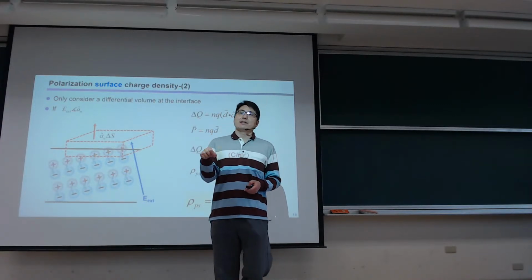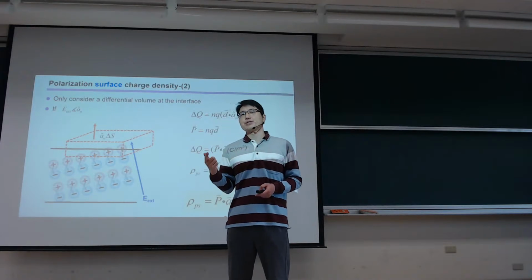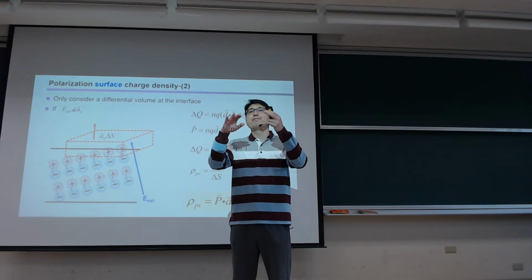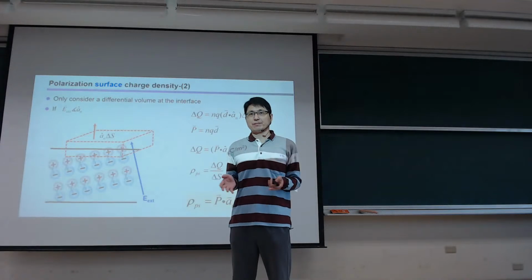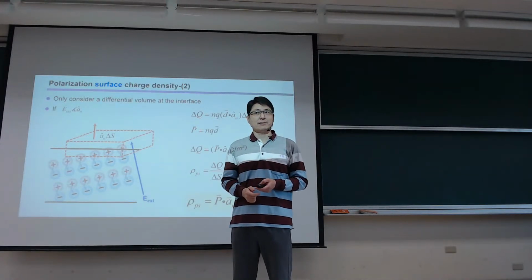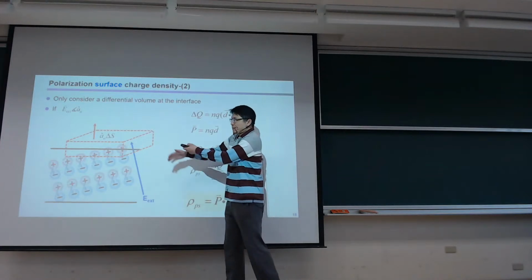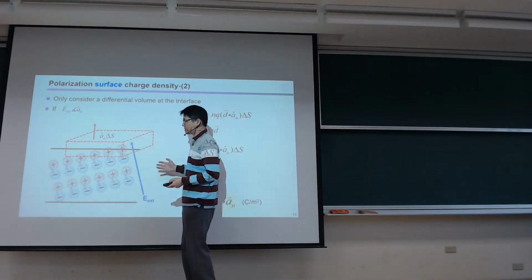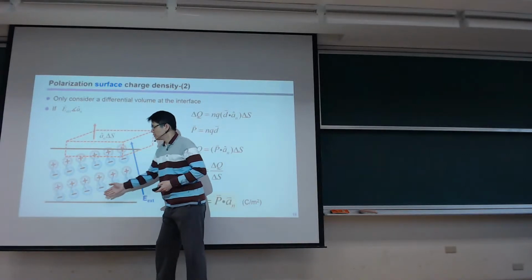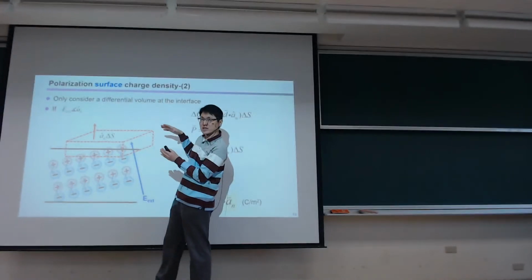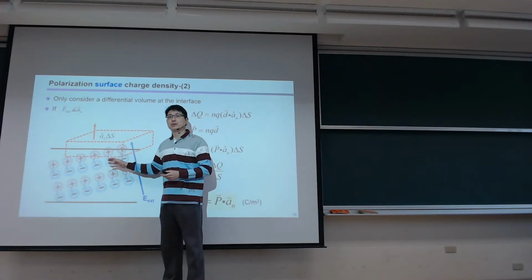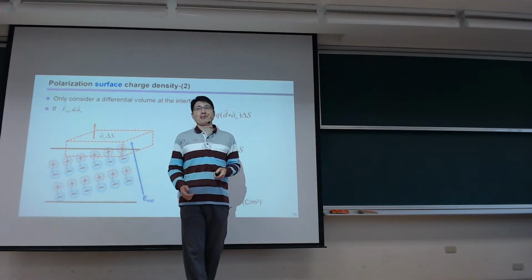So the next terminology we're going to introduce is the bulk, the volume charge density. Is it possible that just by inducing dipoles, as a whole, from the macroscopic view, the material appears to be charged? Is it possible?